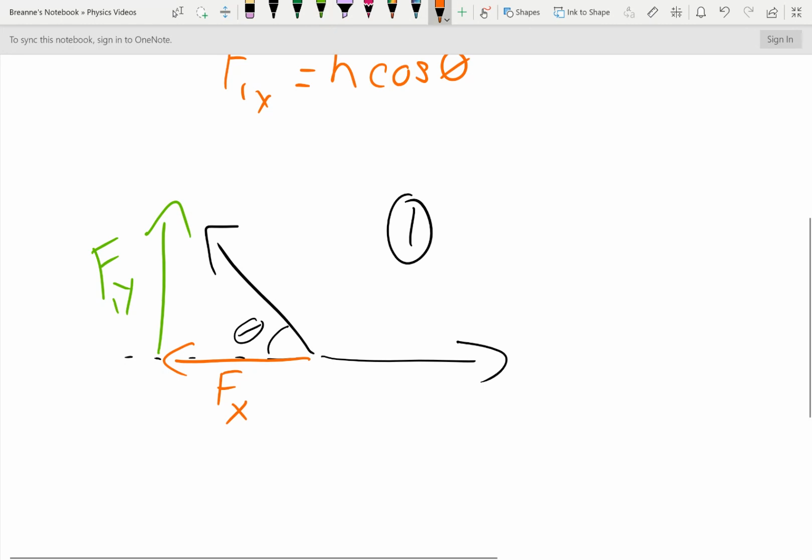Force 1, because this is force 1, so if this is force 2 equals your f2x, and your force 2y is going to be 0 because it's not moving in the y. It's only in the x direction. You only have to do sine and cosine if you see an angle.